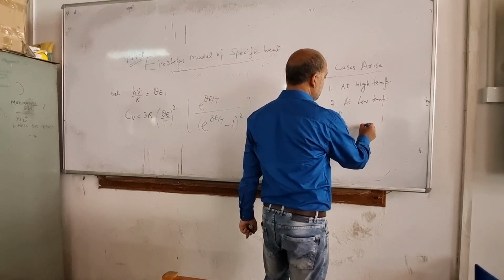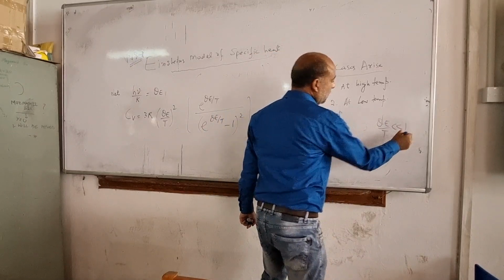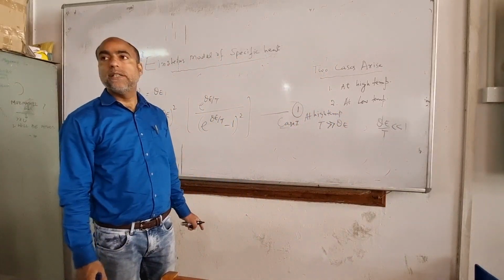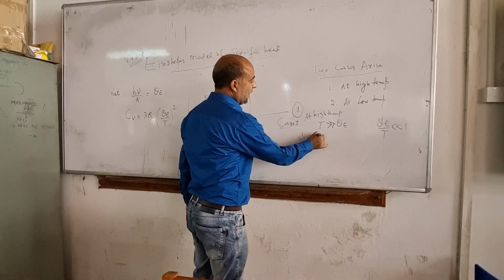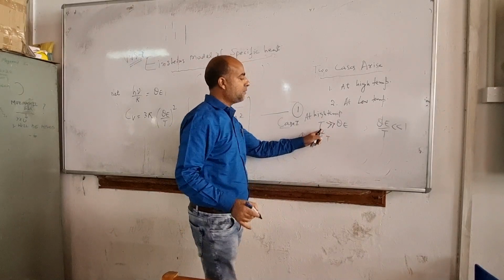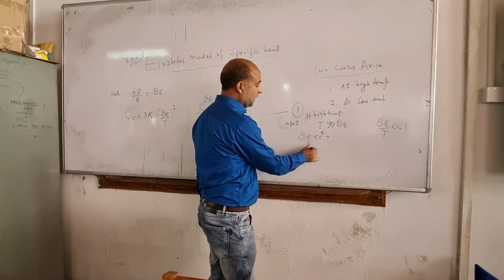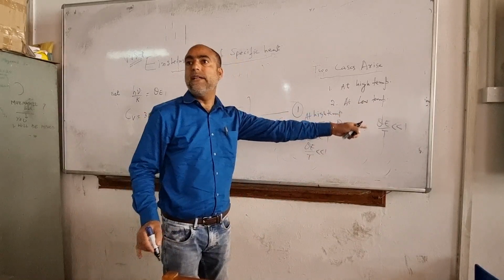That implies theta_E by T is less than 1, because theta_E is less than T, so when divided by T, theta_E by T is less than 1.